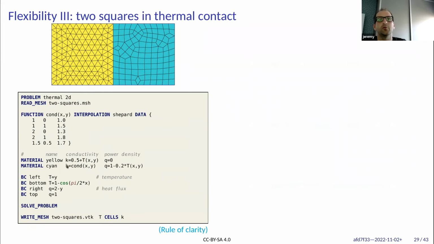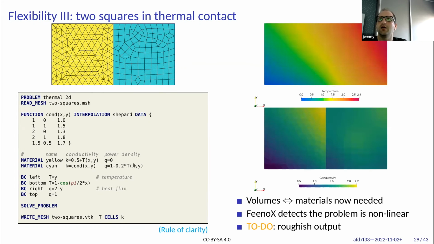It will also be smart enough with the boundary conditions, which are given by expressions at left, bottom, right, and top. So these 2 are Dirichlet conditions, these 2 are Neumann conditions. And well, this is the temperature distribution, and this is how the conductivity looks, because if you recall, the conductivity depended on the space and on temperature here. This is the distribution of temperatures. So here we can show that we have multi-materials and properties that depend on the space or even on the unknown itself.